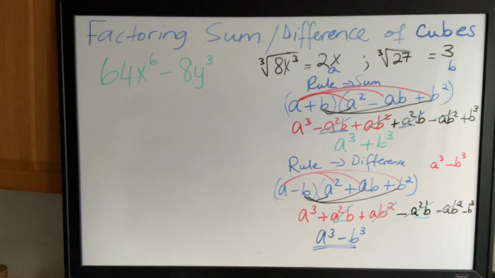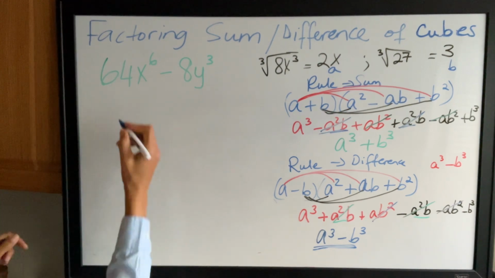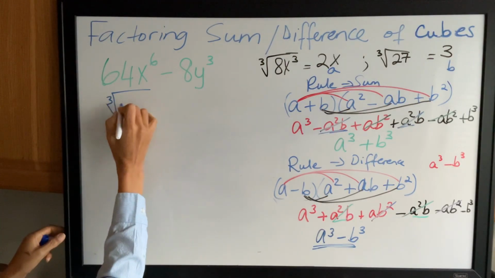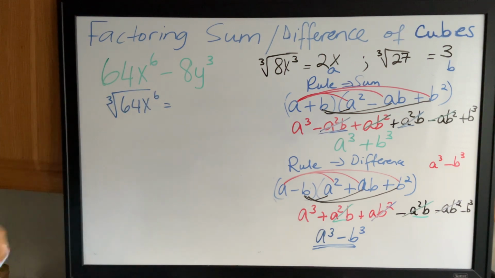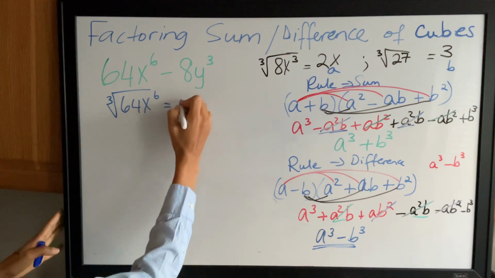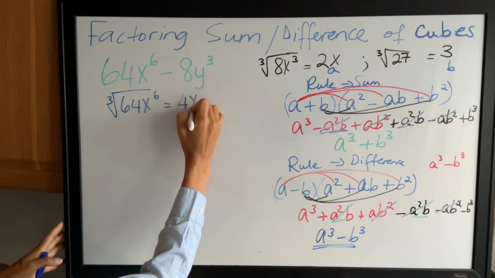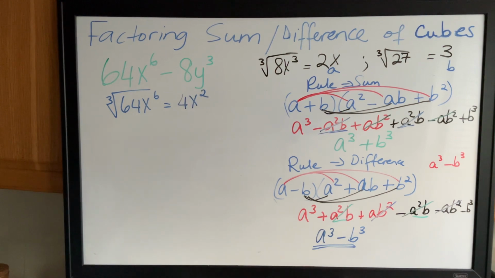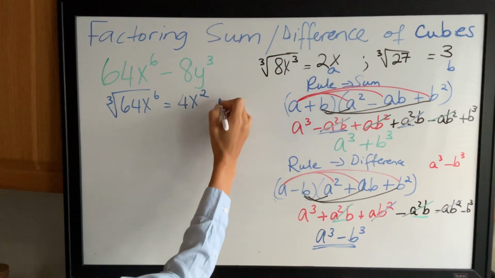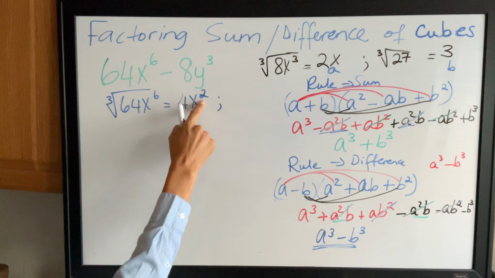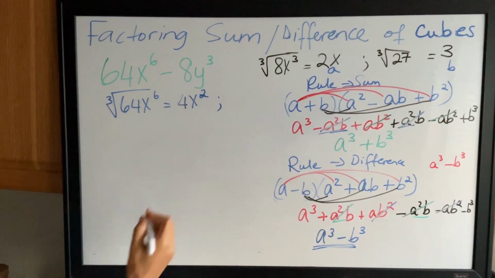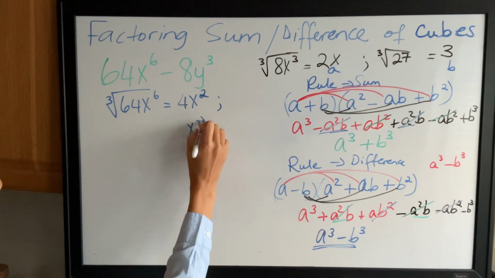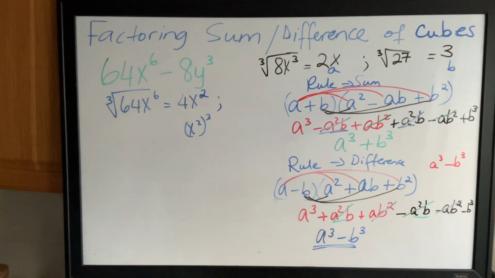Now we have variables on both sides. It's fine. You're taking the cube root of each of these. The cube root of 64x to the 6th power is going to give you 4x to the 2nd power, because you're taking the cube root of it, and it's literally like having x to the 2nd power raised to the 3rd power.